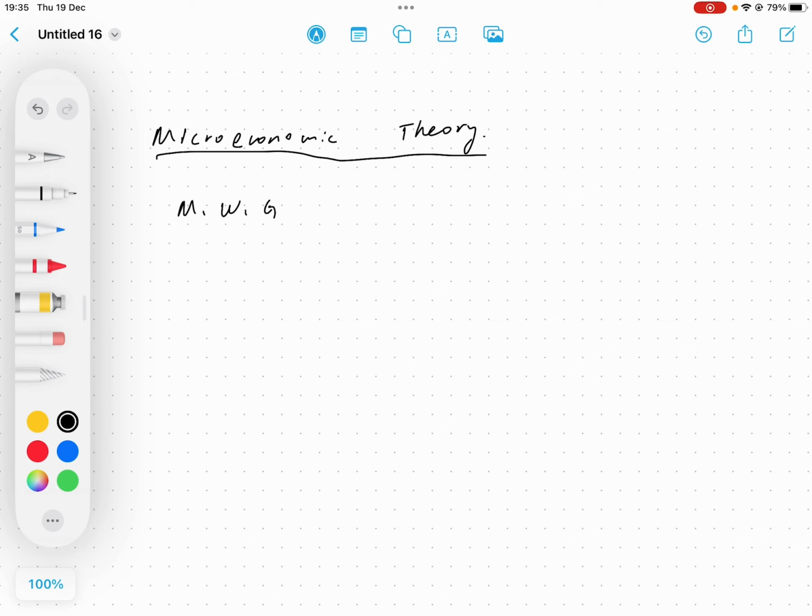And we'll also cover choice under uncertainty and some game theory, as there is something that we didn't mention in our game theory series, right?